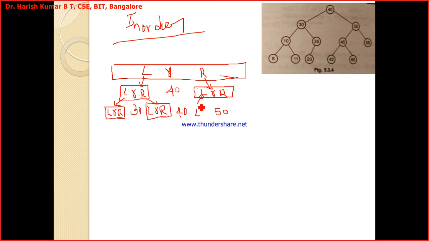In this L, what we are doing? L, small r, and then big R. Now, is there a right subtree for 50? Yes, sir. Again, L, small r, and then big R. This R is expanded like this.